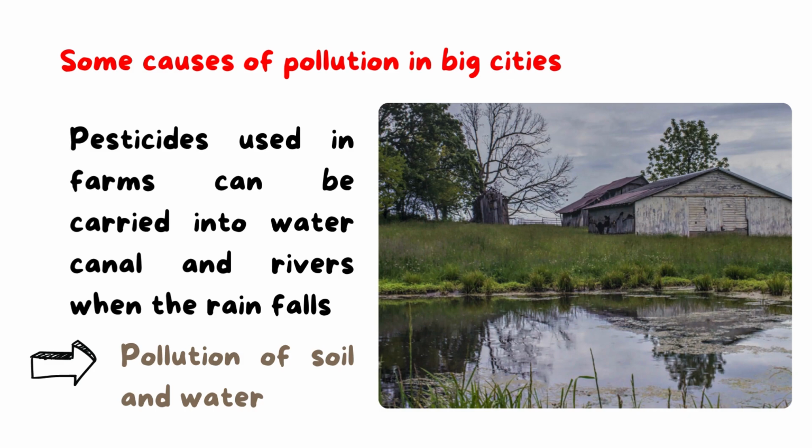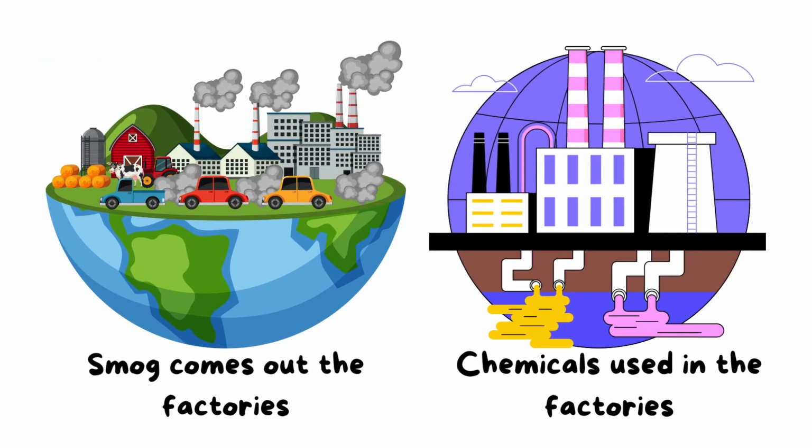So here are the causes of pollution in the big city by the industrial activities: the smog that comes from burning fuels pollutes the air, and the chemicals used in the factories pollute the air, water and soil.